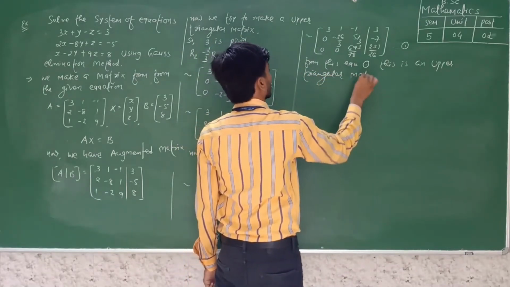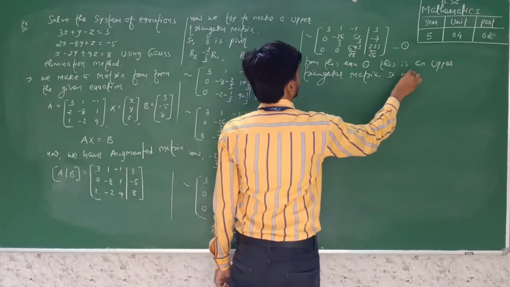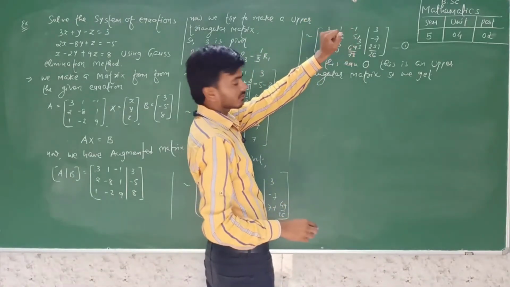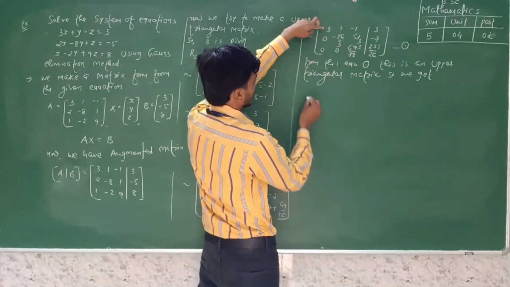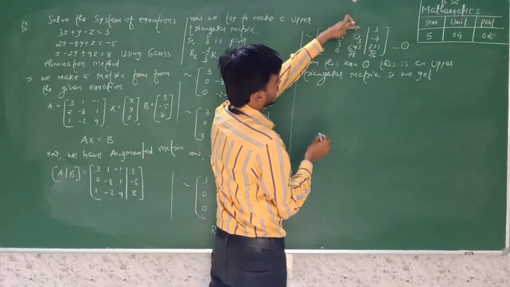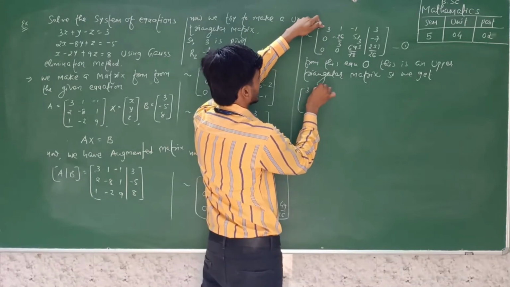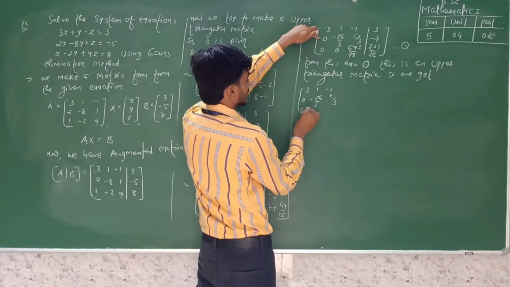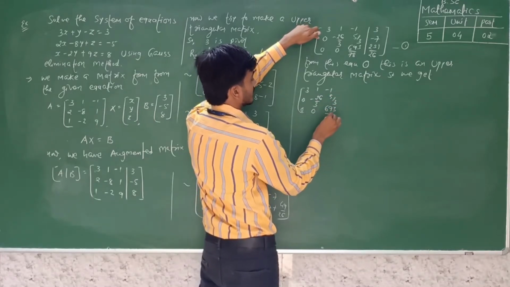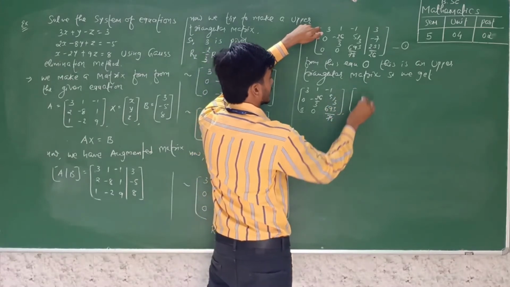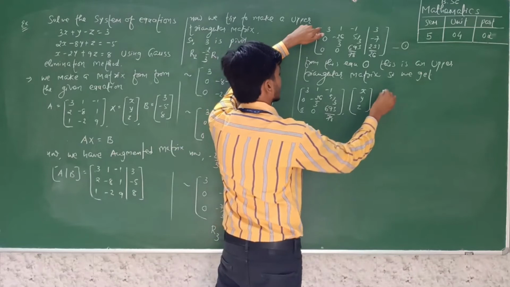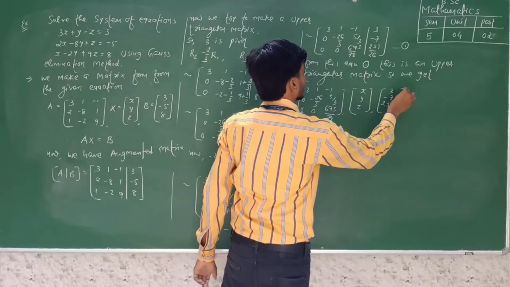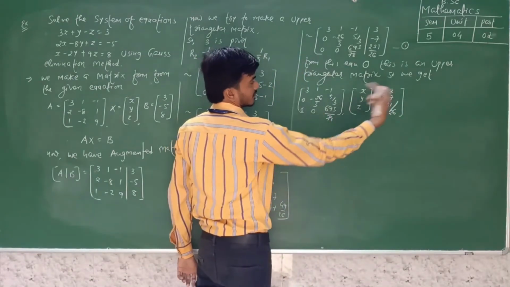We get the matrix equation Ax equal to B, where A is 3 1 minus 1, 0 minus 26 upon 3, 5 upon 3, 0 0, 693 upon 78, x is the matrix x, y, z, and B is 3, minus 7, 231 upon 26. So Ax is equal to B.